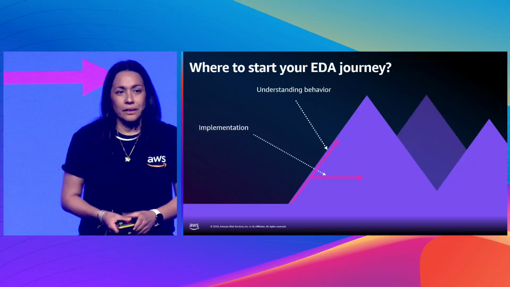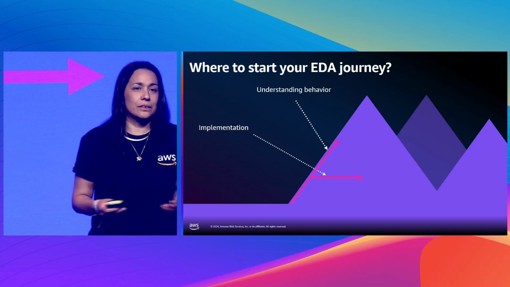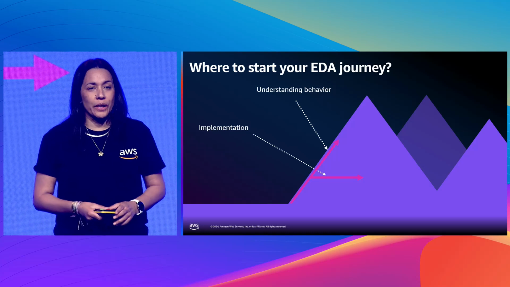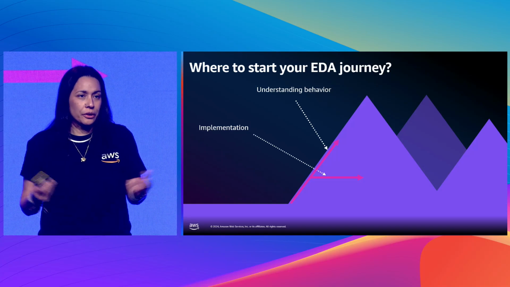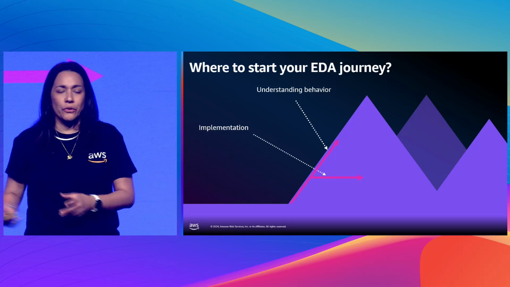What we see when we observe the journeys that customers undertake is that there are basically two ways we can start. The first one is we go straight into implementation, basically taking a bit of a shortcut in our journey, and we start producing events, and we have our producers and our consumers.